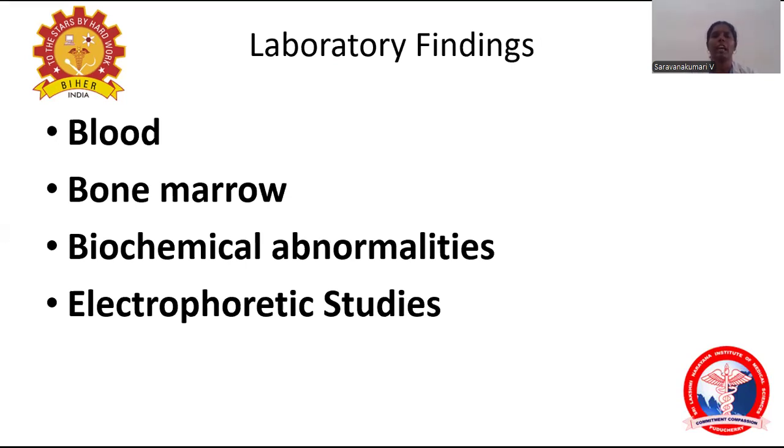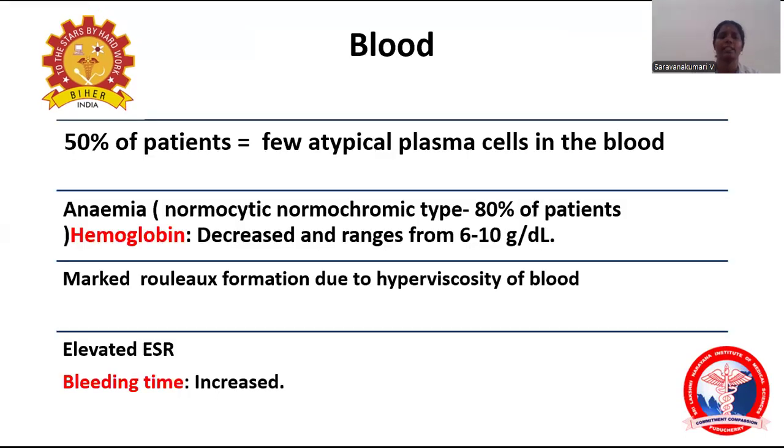So coming to the laboratory findings that multiple myeloma patients can have, we can do investigations like blood investigations, followed by bone marrow, biochemical abnormalities, and electrophoretic studies. So in the blood, in 50% of the patients, some atypical plasma cells will be seen, and anemia will be noticed.